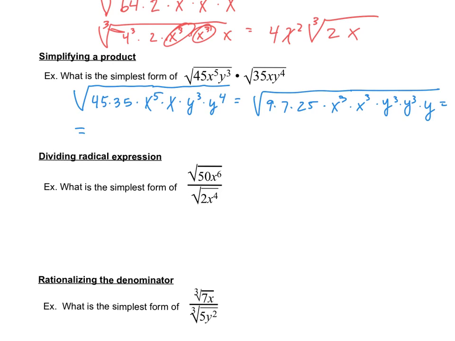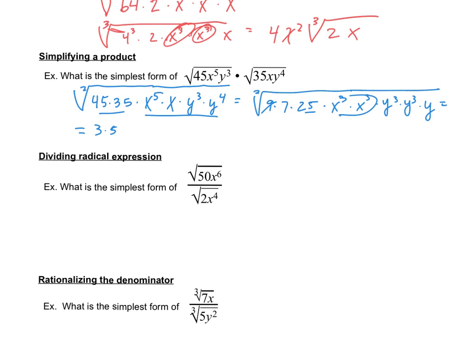Okay, so as we simplify this product, write everything out, you can see here I just showed you I'm multiplying everything together, and when I do it, I know that I'm looking for the square root. So what I've done is I've split everything up into my perfect squares. So I know here that the square root of 9 is going to be 3. The square root of 25 is going to be 5.